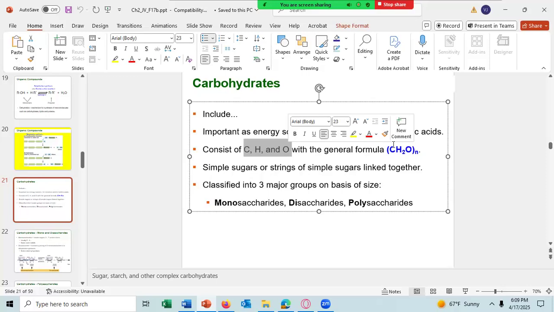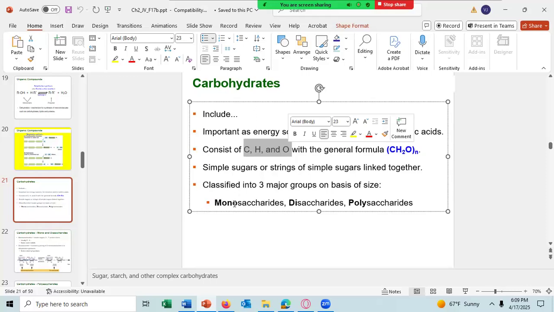Simple sugars or strings of simple sugars linked together form the larger carbohydrates. So a simple sugar would be a monomer, which is a monosaccharide, and glucose and fructose are examples of monosaccharides, which are monomers of the carbohydrate.